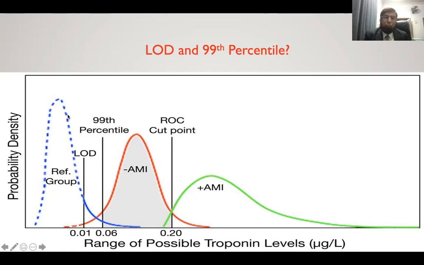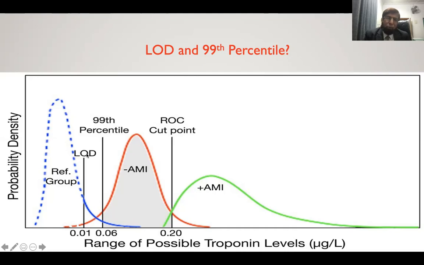In the reference group or disease-free group, troponin is depicted in dotted lines because the determination of troponin is not accurate, and we cannot be sure what the exact value is. But as the value of troponin increases, the accuracy and precision also increase, and it is depicted by the continuous line. So it is called the LOD, limit of detection.